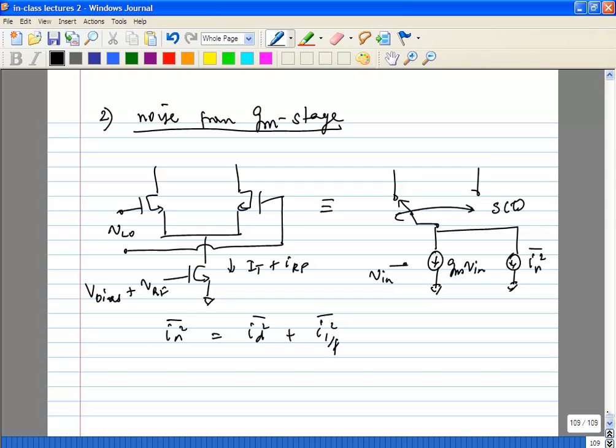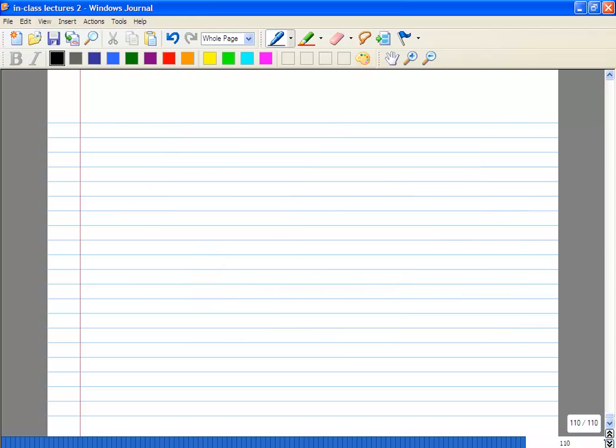Because it gets amplitude modulated, you have contribution to the noise at IF from frequencies that are not around RF. So let's say this is LO.